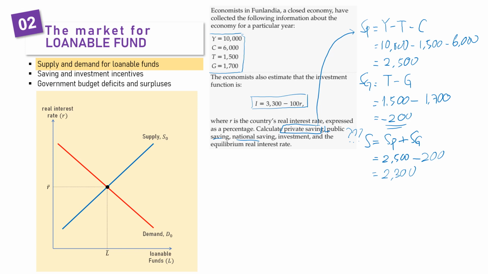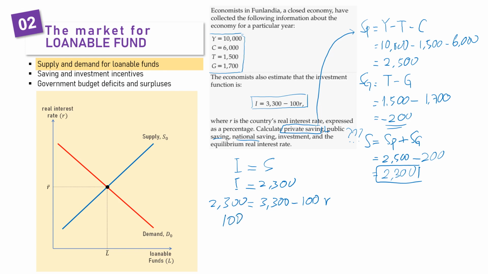In a closed economy, the equilibrium will give us this conditional equation, right? Investment is always equal to saving, and we already know the national saving, which is 2,300. So investment will be 2,300, and it is also equal to this expression. So from this we can find the interest rate.